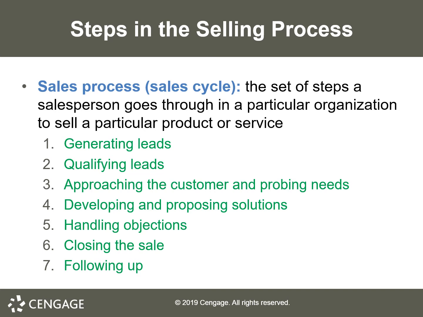Approaching the customer and probing their needs to better understand what they might need or want is often critical. And then you develop and propose solutions, and knowing that the customer will certainly have some questions, you'll need to overcome objections. Then finally, once the objections are overcome, you can close the sale. Follow-up is important and the last step in the selling process.